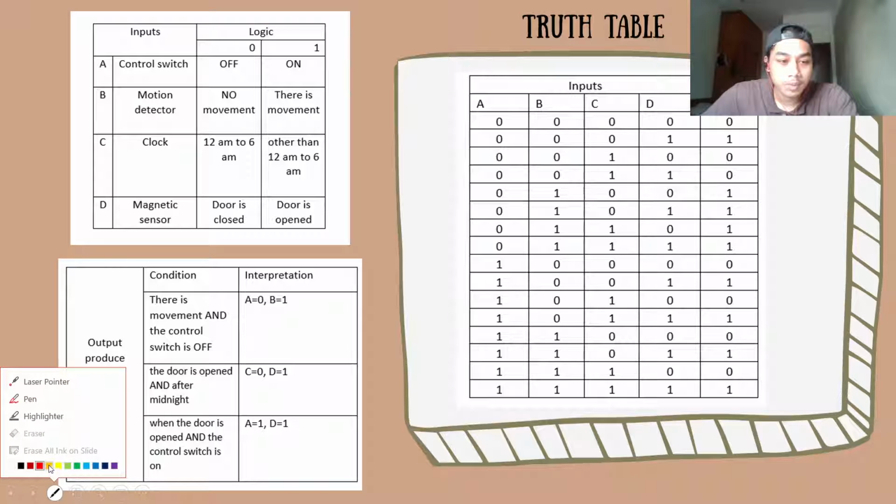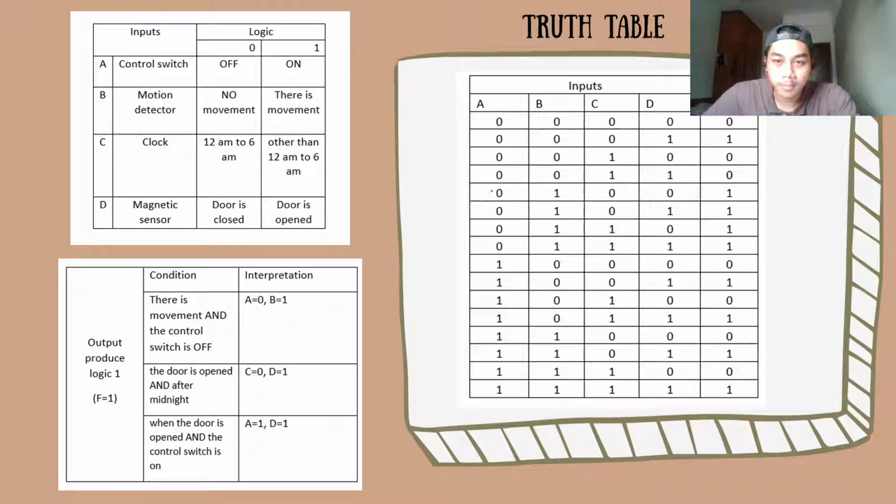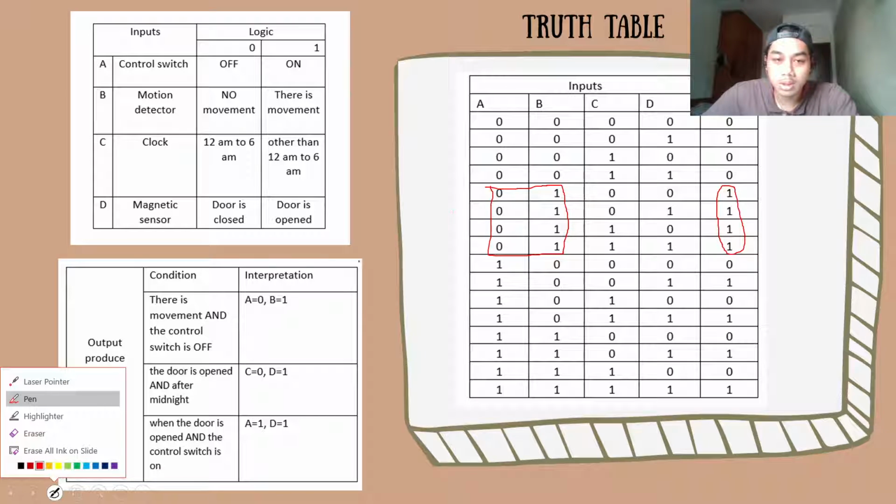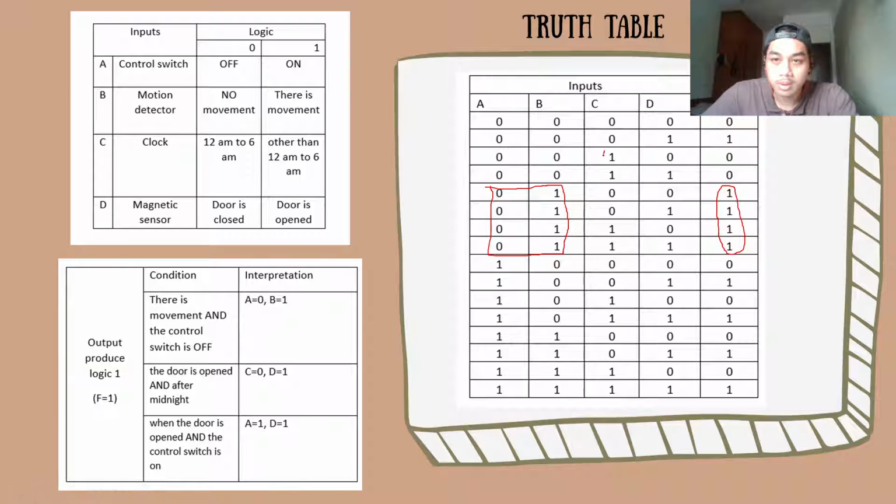So to get this value, we interpret A equal to 0 and B equal to 1. So this is the final output for the first condition. And the second condition is C equal to 0 and D equal to 1. For these four, the output is 1, 1, 1, 1.